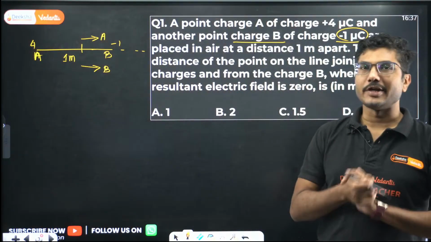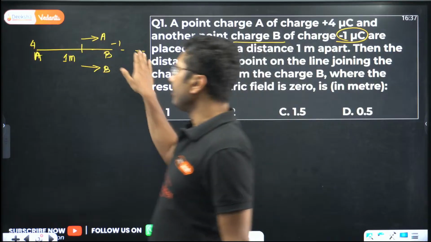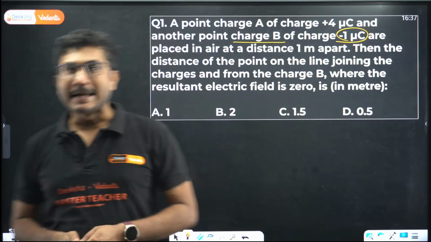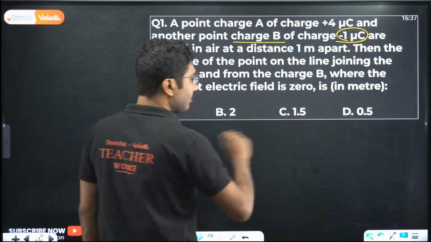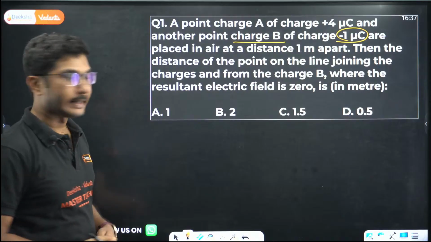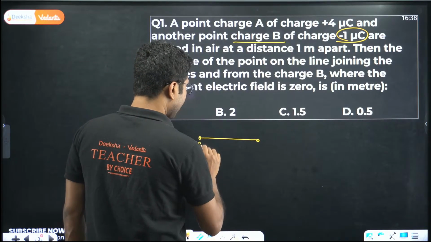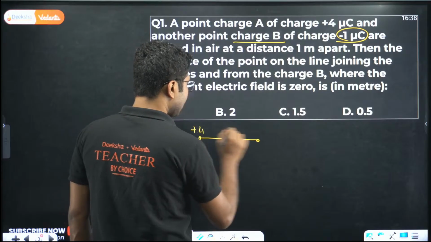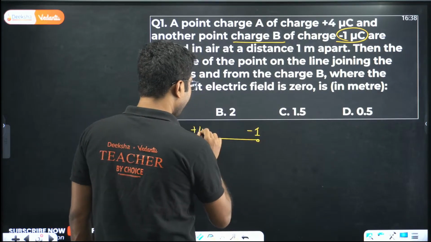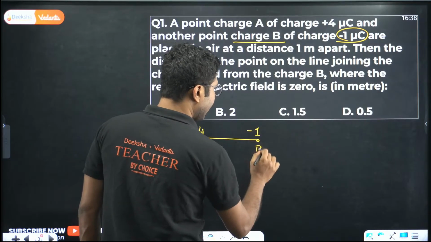That is a very important point to remember. If both charges are positive, or both are negative, then you might get a null point in between. But if one charge is positive and one is negative, as given here, you will never get a null point between the charges.